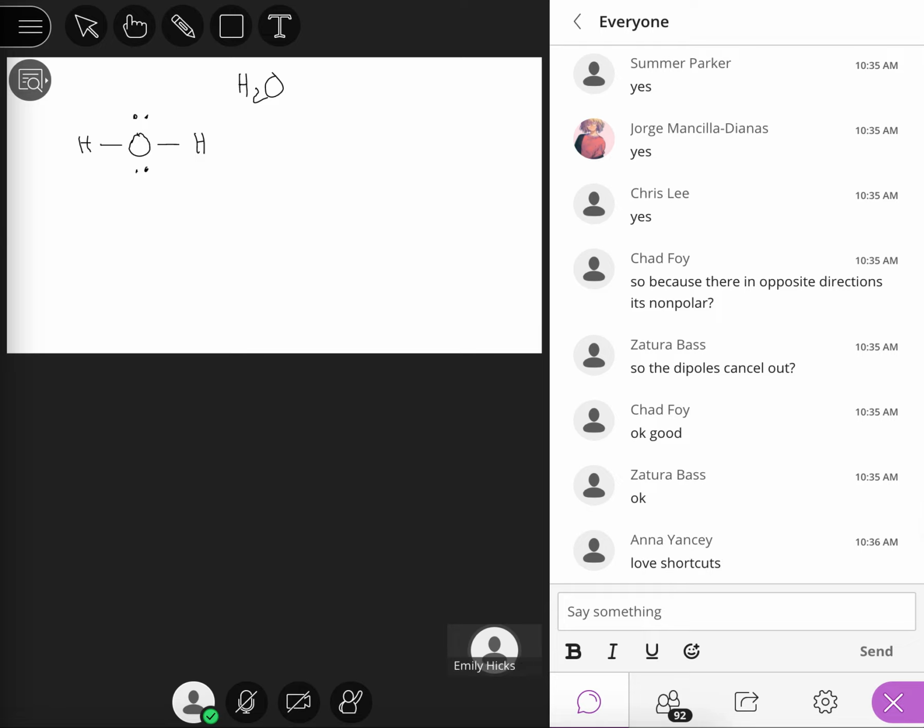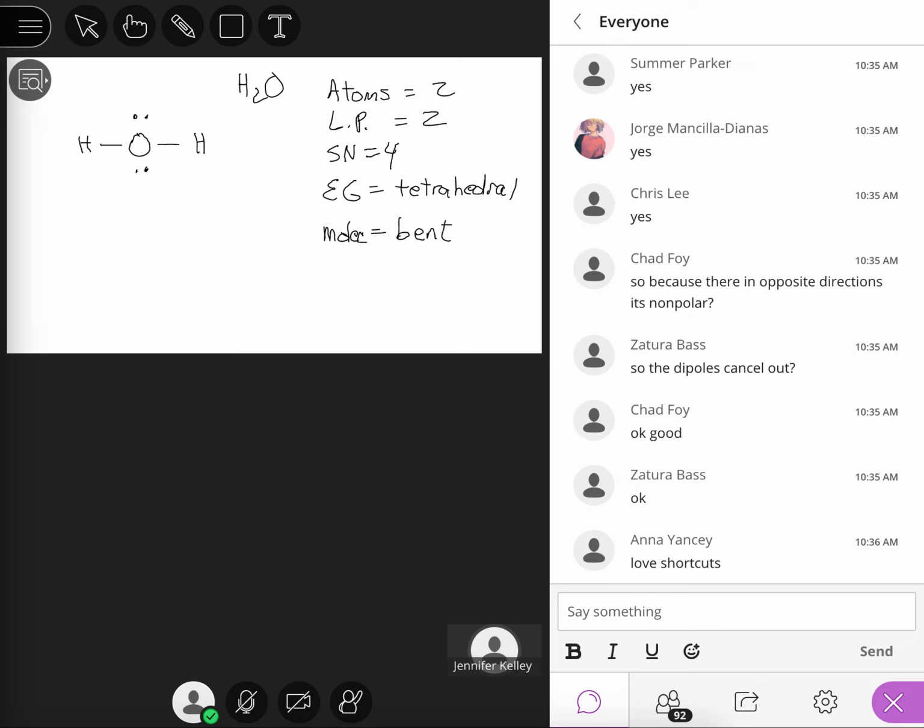If you're looking at this, we have two bonded atoms, and we have 2 lone pairs. So the steric number is 4. So the electron geometry is tetrahedral, and the molecular geometry is bent.